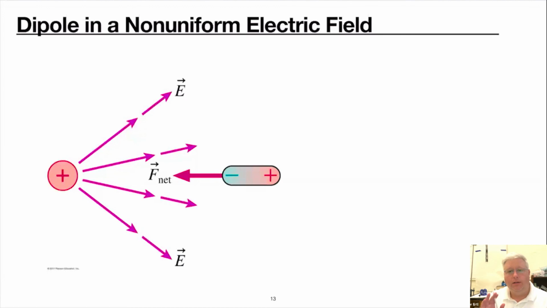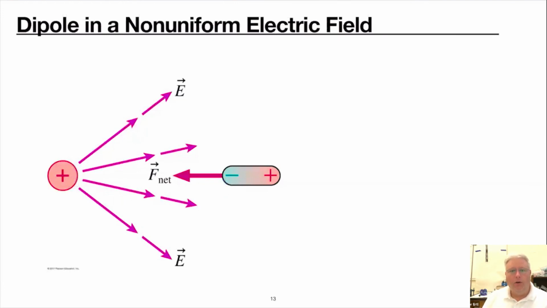Now the negative side of the dipole is closer to the positive point charge. The result is that the attractive force between the negative side of the dipole and the positive point charge is now stronger than the repulsive force between the positive end of the dipole and the positive point charge, because this side is closer.